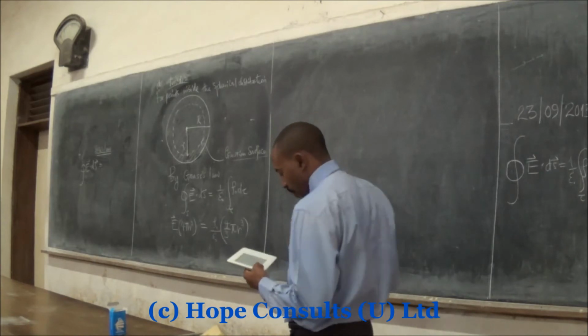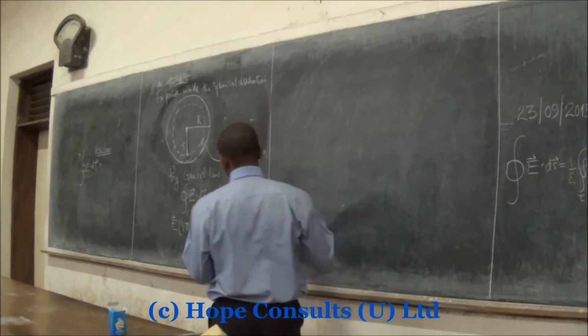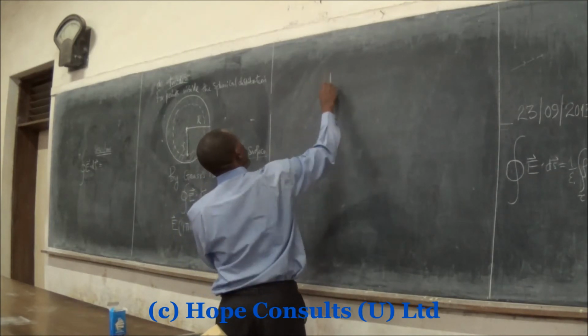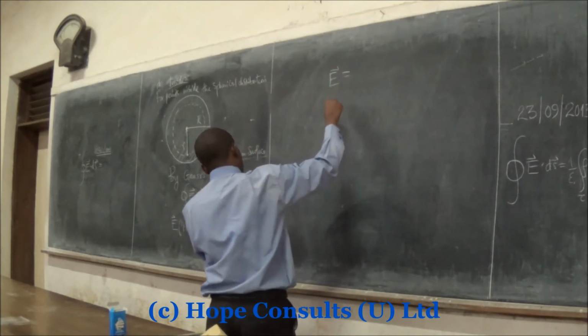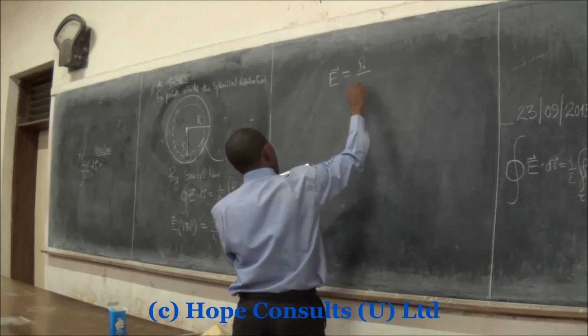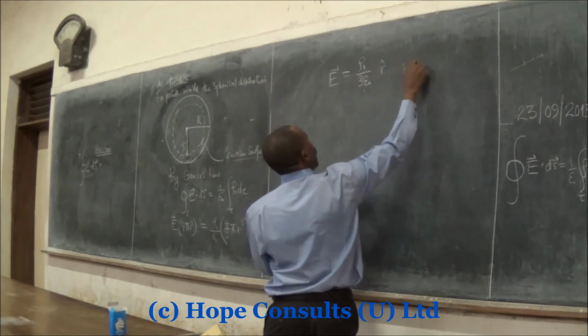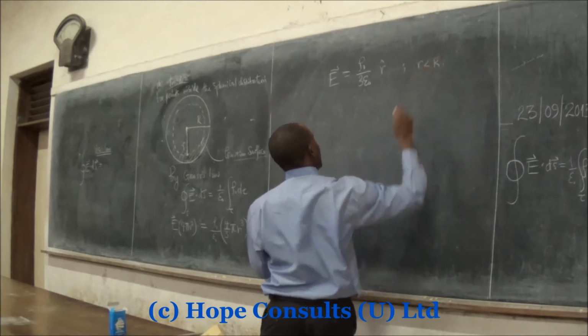And then we get, simplification resulting into, I'm jumping a couple of steps, E equal to rho naught over 3 epsilon naught, then r r cap. This is for r less than capital R.